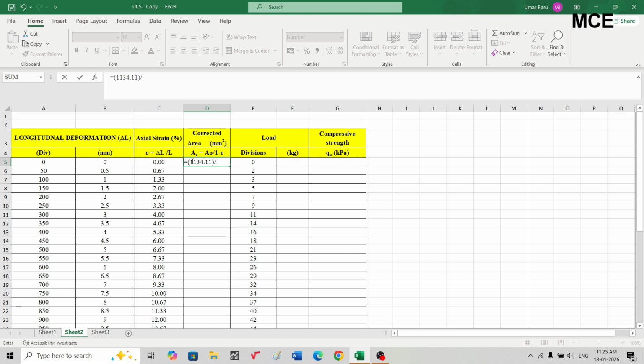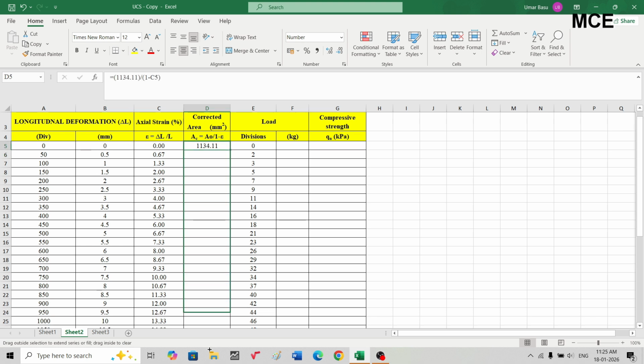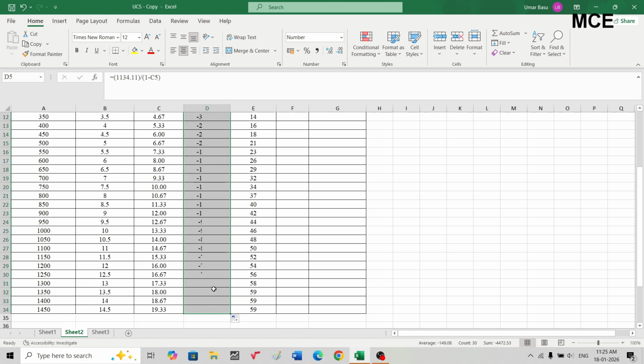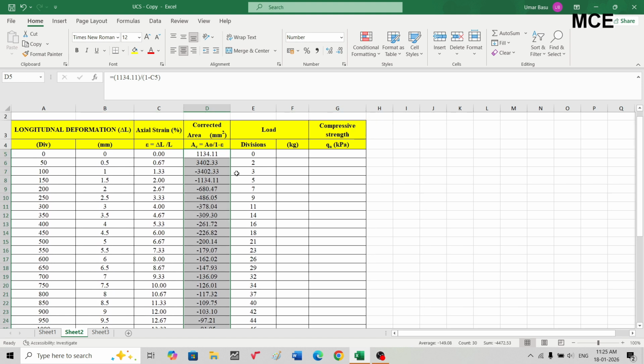Then divide it by, again bracket, then 1 minus axial strain percentage. We select the first axial strain percentage for the first division, then close the bracket and press enter. It will give you the corrected area. For axial strain of 0, the corrected and original cross sectional area will be the same, but if we drag it till the last row we will get the corrected area for the rest of the percentages.